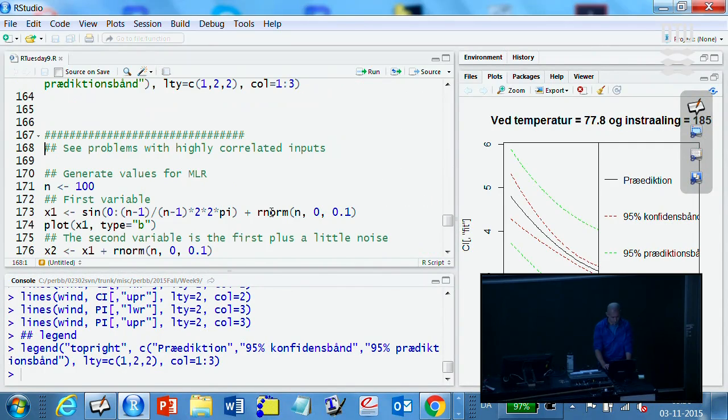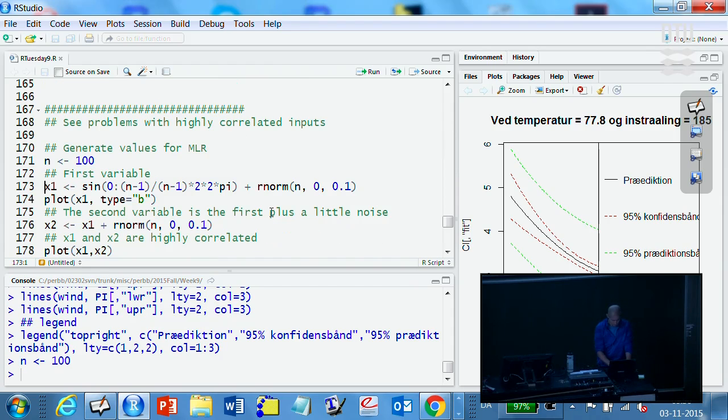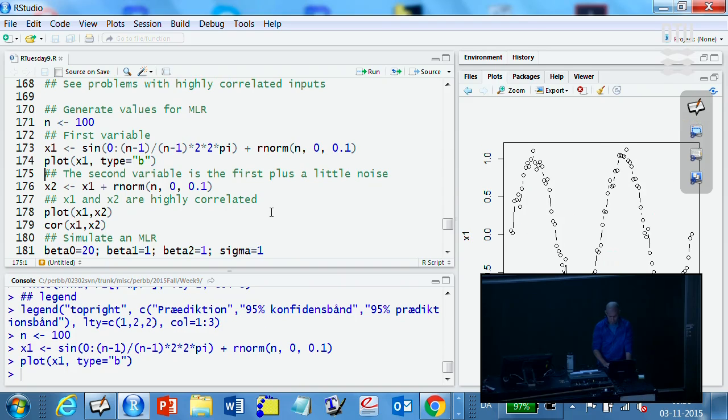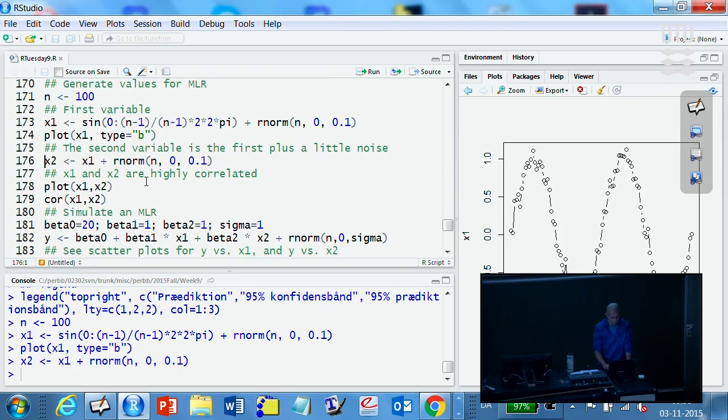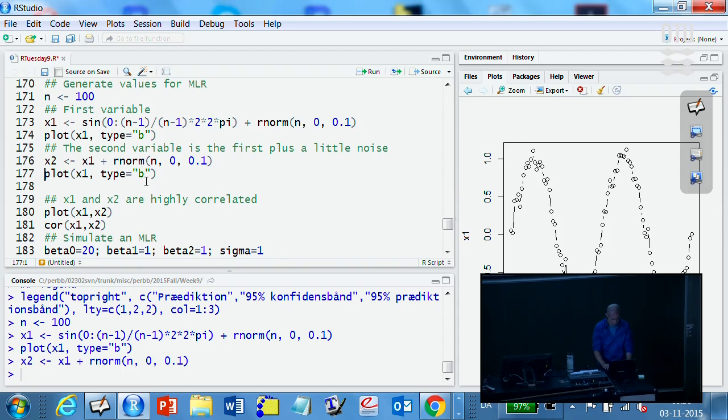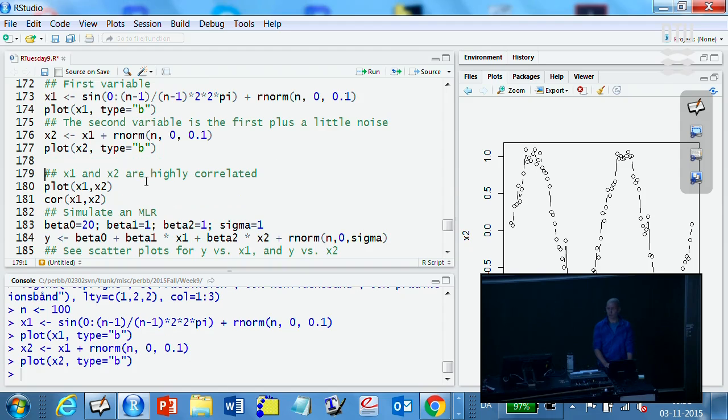Here. The heading says we should try to understand what our challenge is here. The x1 is kind of a sine curve like that. The x2 is also a sine curve.